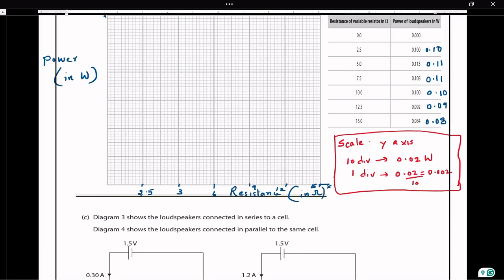So let me take each one as 0.01, 0.02, then 0.04, 0.06, 0.08, 0.09, 0.1, 0.2.